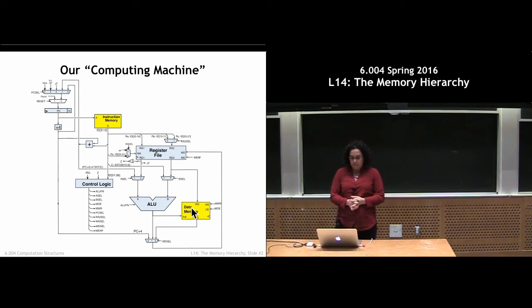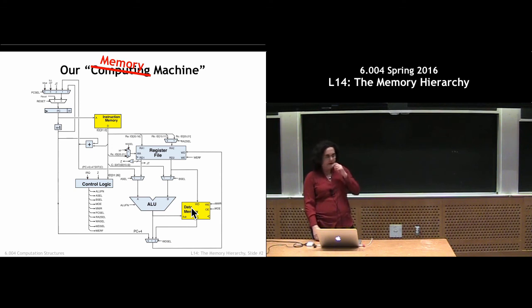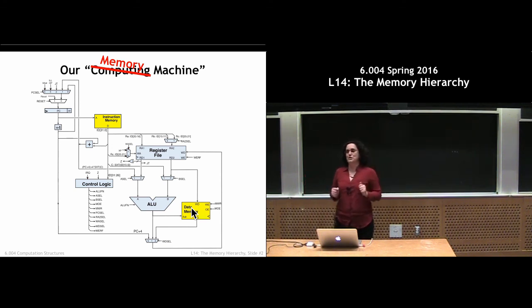Similarly, as far as execution time is concerned, accesses to memory are what dominate the execution time. And so in many ways, we can think of our beta as a memory machine rather than a computing machine. And so today what we're going to focus on is what kind of memories are available to us so that we can try to deal with some of the issues of size, access time, and see what the trade-offs are as we explore this realm.